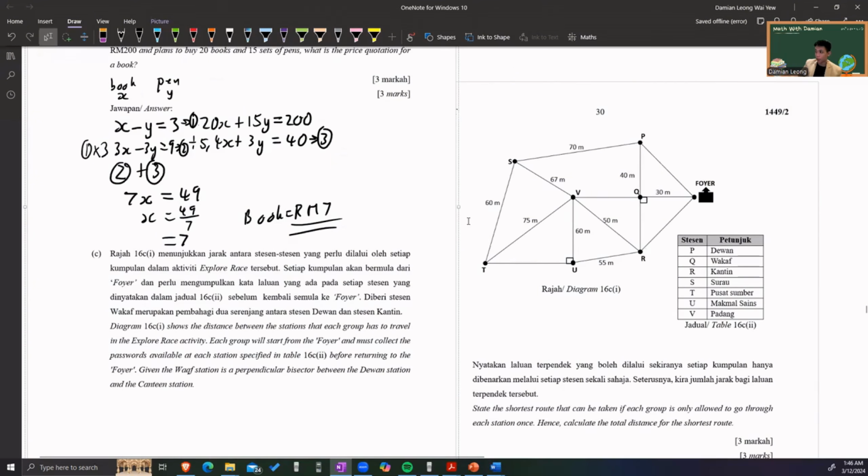Given Wakaf, it is a spelling error, it's Wakaf. Wakaf station Q is a perpendicular bisector between Day 1 and the canteen station. Day 1 is P, canteen is R.